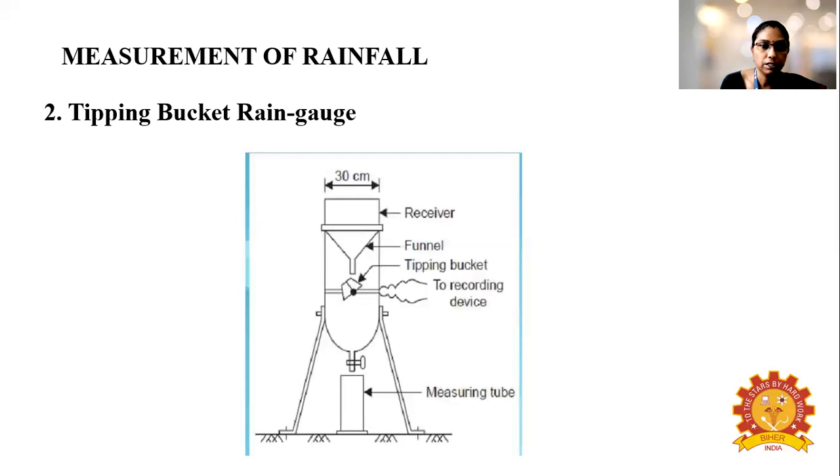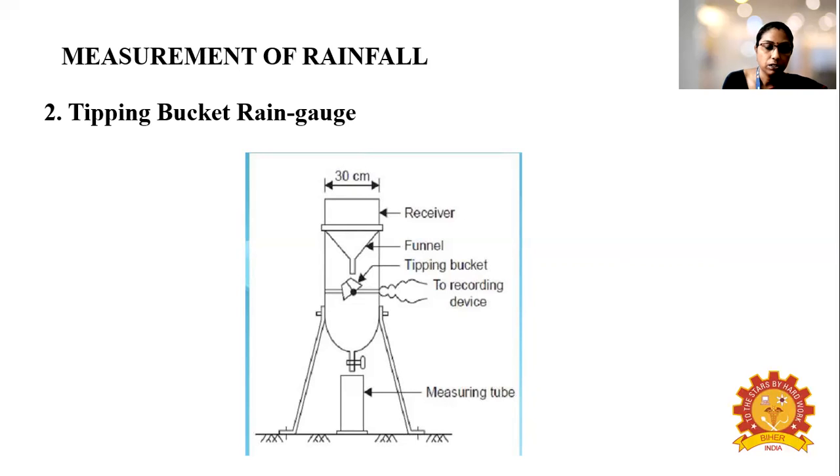This is the detailed picture of the tipping bucket rain gauge. Here you have the receiver of 30 centimeter diameter, and below the receiver you have the funnel, and below the funnel you have the tipping bucket.